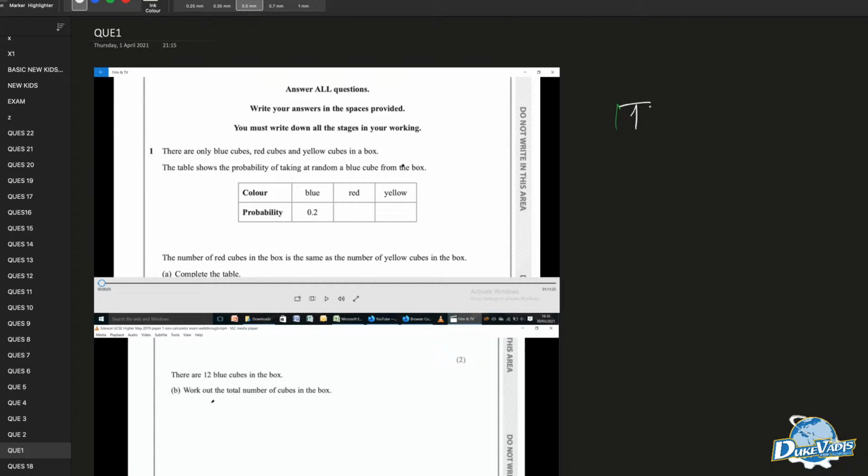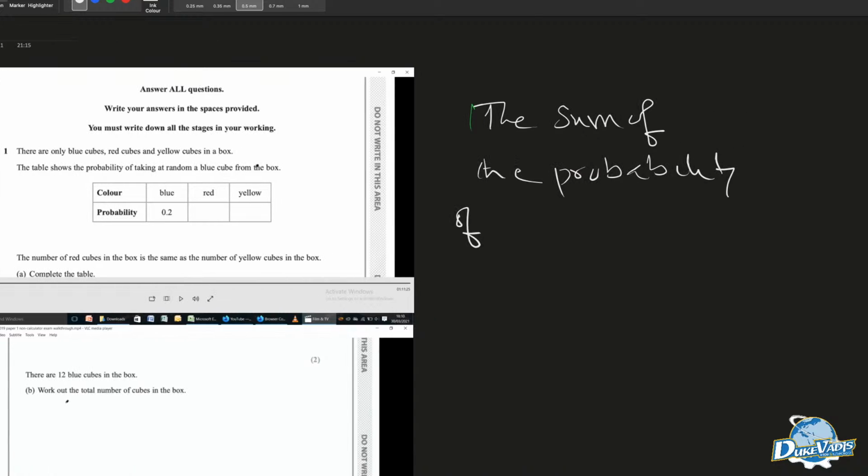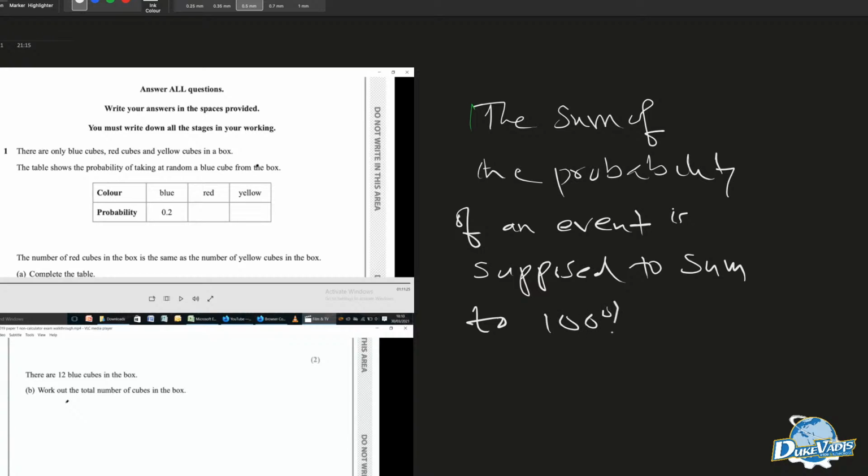The sum of the probability of an event is supposed to sum up to 100% or 1.